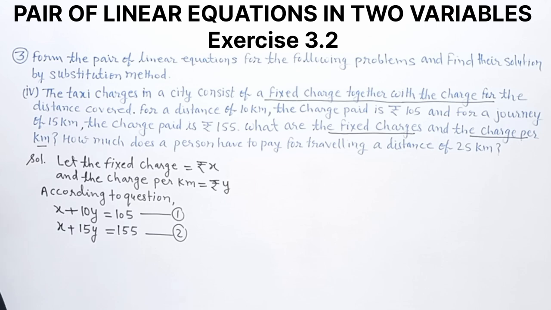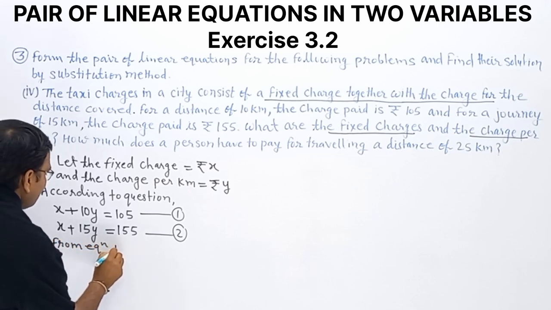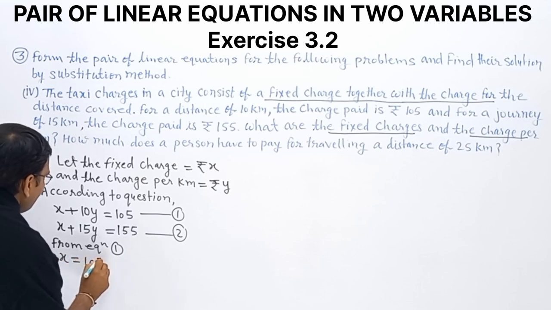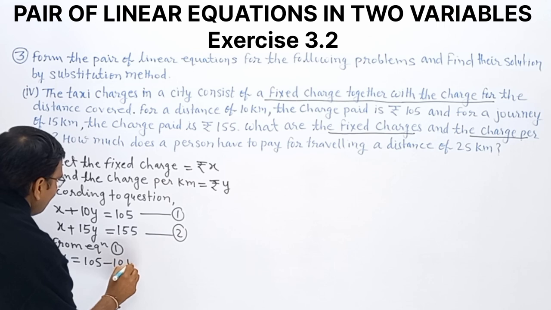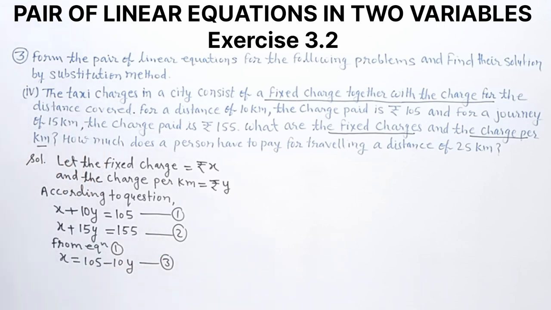Now from equation 1, x can be written as x equals 105 minus 10y, and I am calling this equation number 3. Now we will put this value of x from equation 3 into equation 2. We obtained this from equation 1, so we will not substitute it in equation number 1.